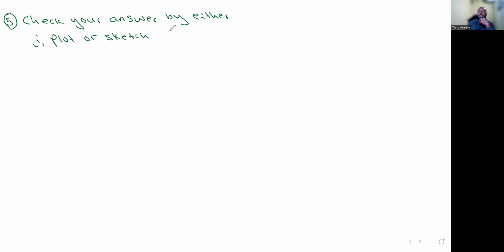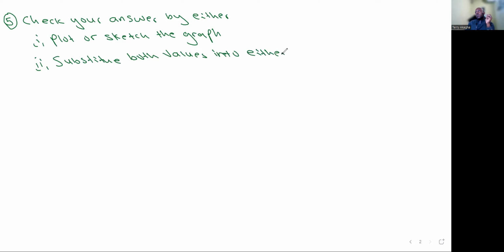You can sketch the graph for both of them, okay? I've discussed how to sketch a graph, the x-intercept, the y-intercept, and how to do each of them. Or what you can do is substitute both values into either of the original equations, and that's how you solve it.